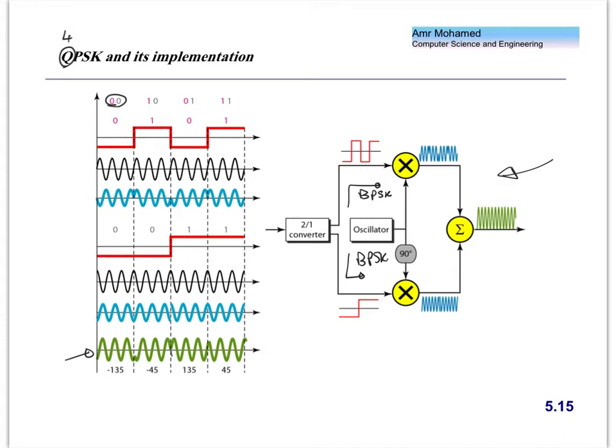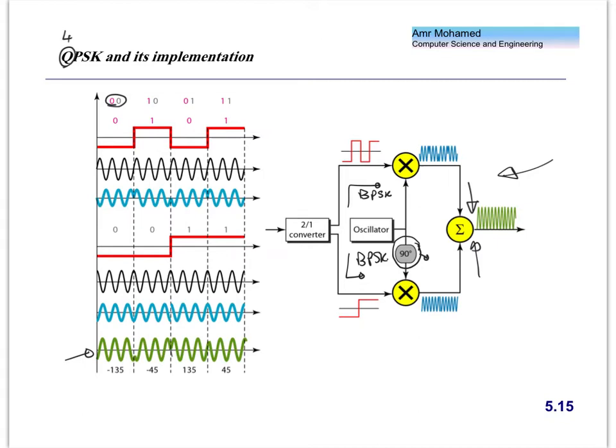And all we need to do is just to introduce, for one frequency, a phase shift of 90 degrees, of pi over 2. If we do this, then we have 2 binary PSK. One of them is shifted 90 degrees from the other. So if we add those together, we get all the 4 combinations that we need.